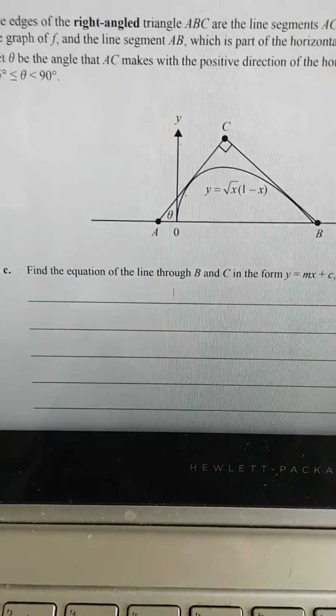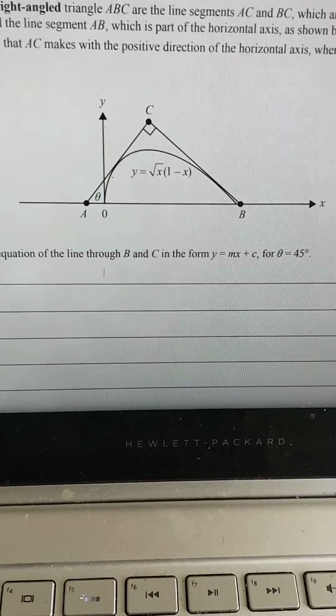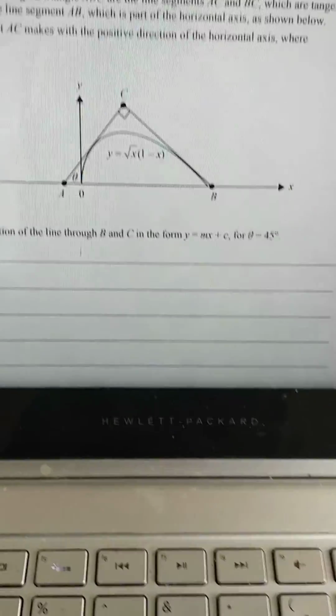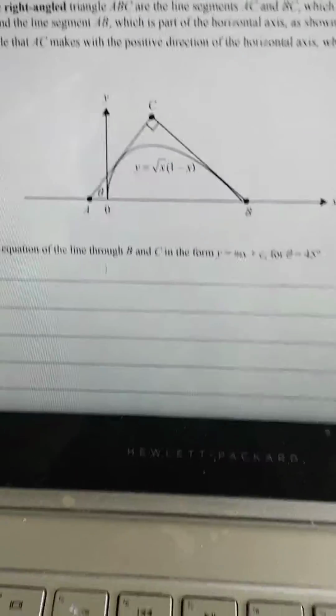So find the equation of the line through B and C in the form y equals mx plus c for theta equals 45 degrees. So, this is our diagram. We know that for a line, the gradient, which is m, is tan theta. And it's given that theta equals 45 degrees.